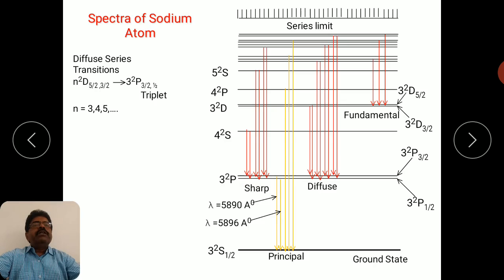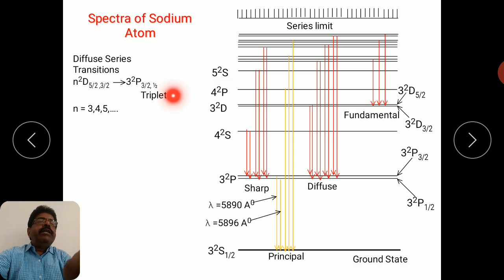But the diffuse series are actually triplets. Why they are triplets, we are going to study here. You can see both the transitions involved, the starting one and the end one, each have two spectral terms. For example, the transition from doublet 3D to doublet 3P.